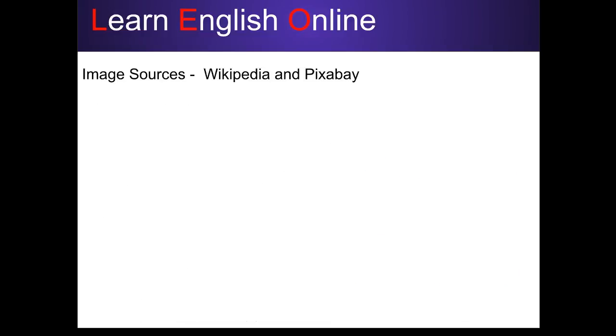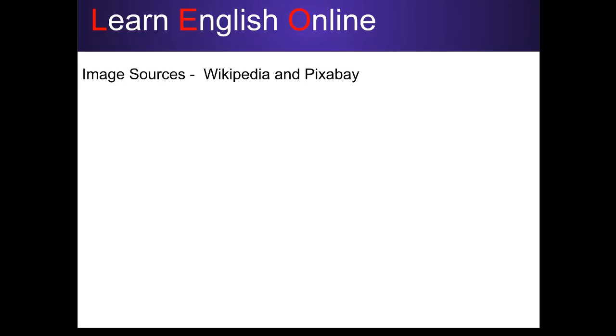Okay, so we looked at some different images today, and I'd like to thank Wikipedia and Pixabay. Now, if you would like to know more about the flags and the colours and the shapes, we do have more on the website.